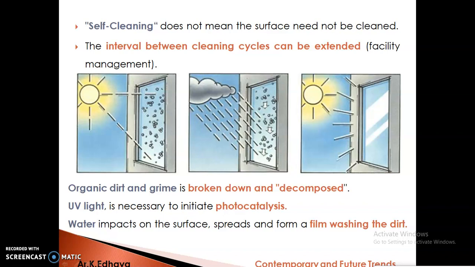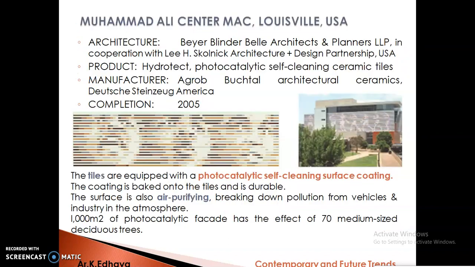In the first image you have a lot of particles exposed to the sun. The particles are broken down into smaller pieces. Then during rain it forms a film and washes off all the dust particles. Then you have a clean, dirt-free facade.